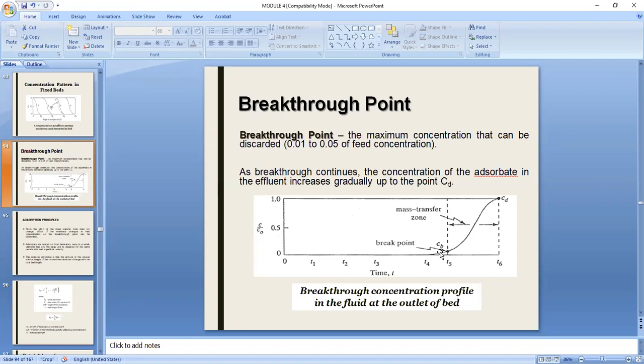As the breakthrough continues, the concentration of the adsorbate in the effluent increases gradually up to the point C sub D. The adsorbate is already the liquid that is freed of the components, because the components are already adhering on the adsorbents. So the adsorbate is the process phase that has passed through your adsorbents.